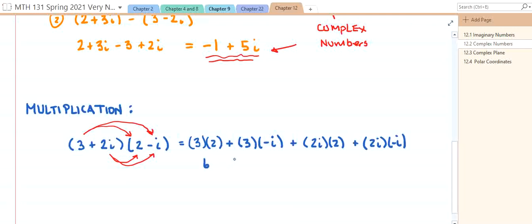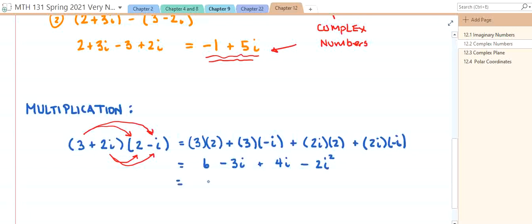Okay, let's reduce all these. So we've got 6, and then 3 times minus i is minus 3i, and plus 4i, and then minus 2, because there's a negative i here, and i times minus i is minus i squared. So minus 2i squared.